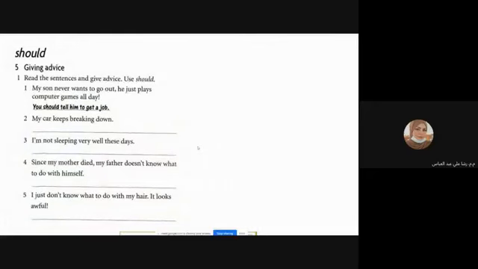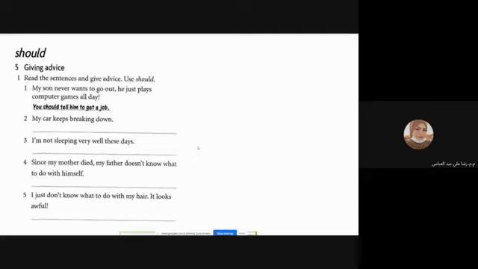In this slide we have should, which is used to give advice. Should also means must, but it does not express obligation, only advice. This is up to the person whether to take the advice or not.